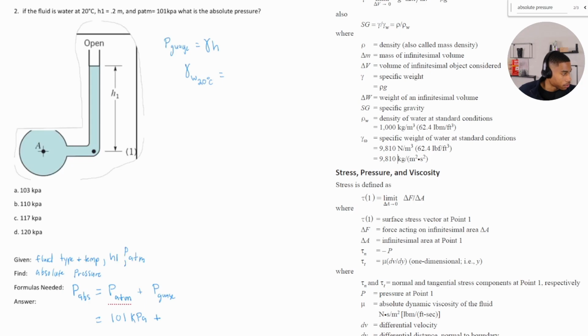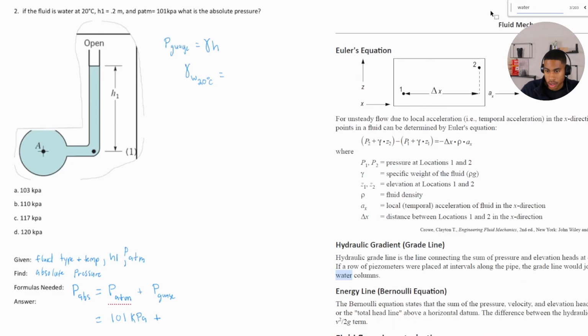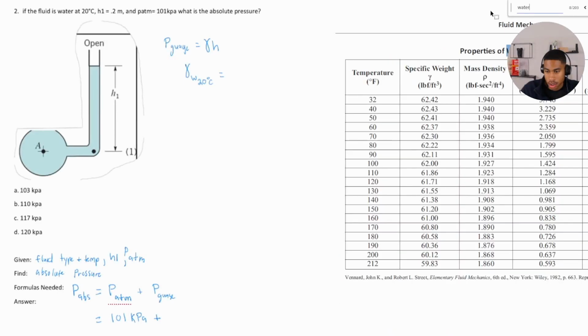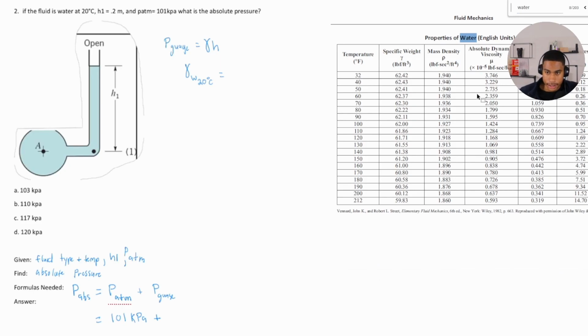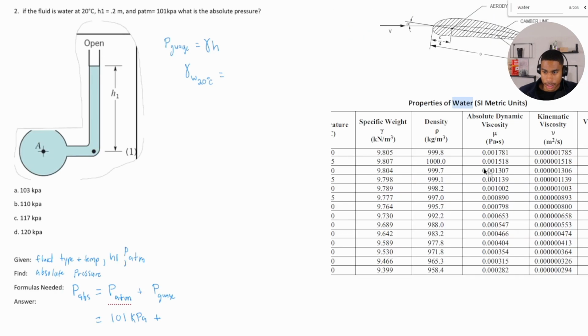All right. Are we able to get that information? Well, let's look up. This should be in our properties of water. I'll just search water. Aha. And in fluid mechanics, they give you the properties of water in English units and in metric units, and we need metric units.